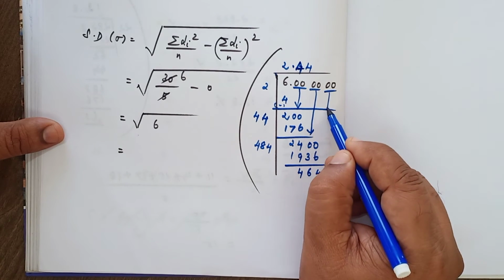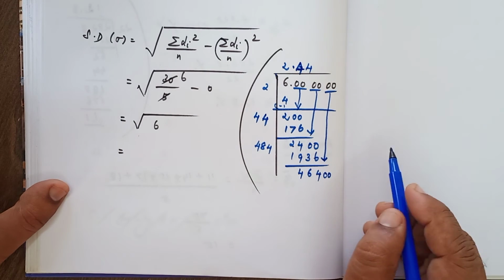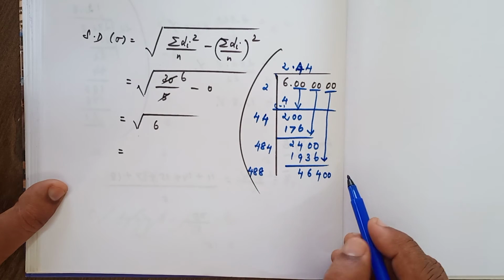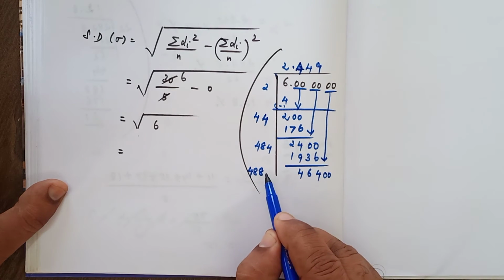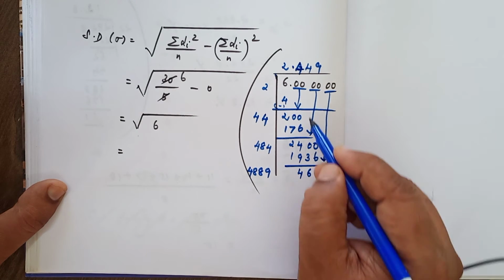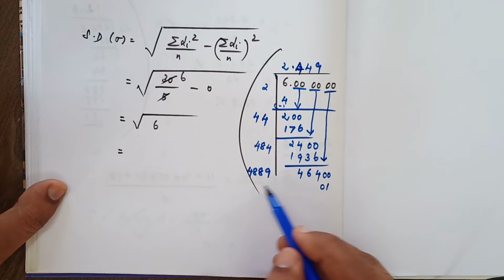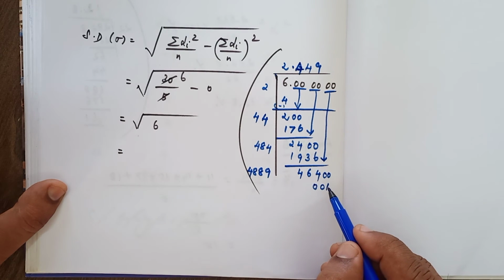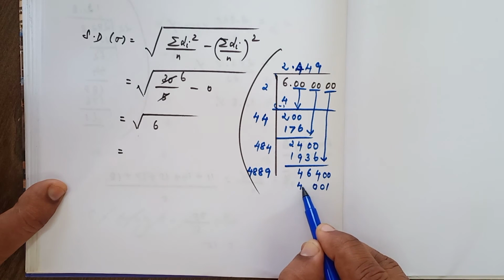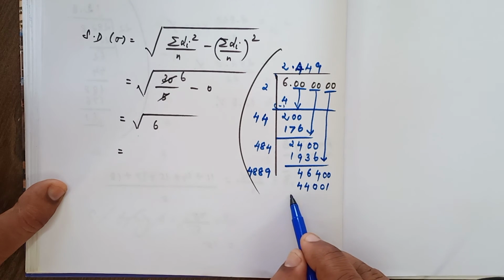Then bring down 2 more zeros. Multiply 244 by 2, that is equal to 488. Here we can go up to 9 times. 9 into 4, 889. 9 9s are 81, balance 8. 9 8s are 72 plus 8 is 80, balance 8. 9 4s are 36, 36 plus 8 is 44.